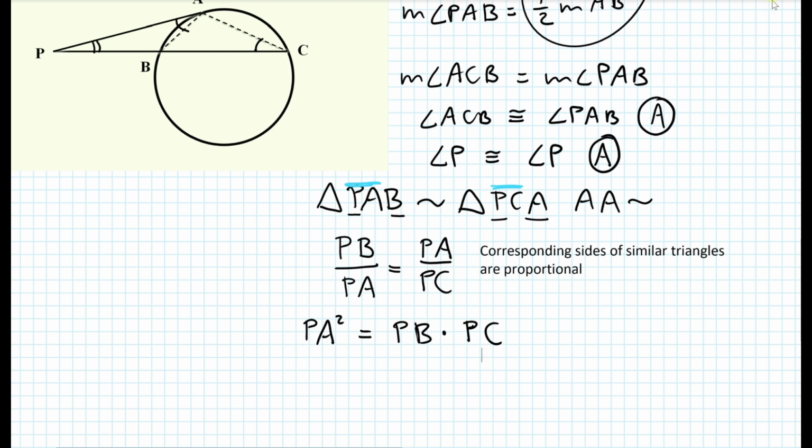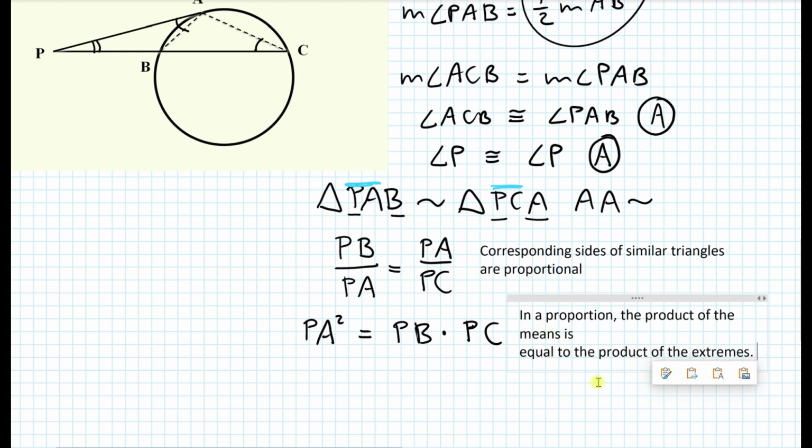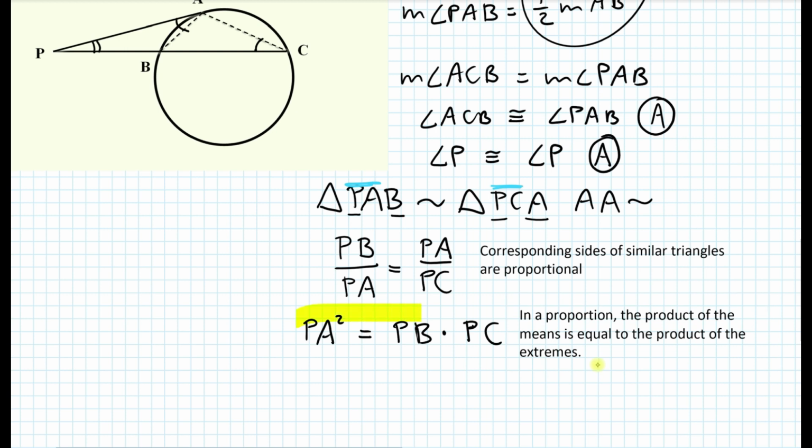And the reason for that is that in a proportion, the product of the means is equal to the product of the extremes. So we just developed the formula here. There you go, PA squared is equal to PB times PC.